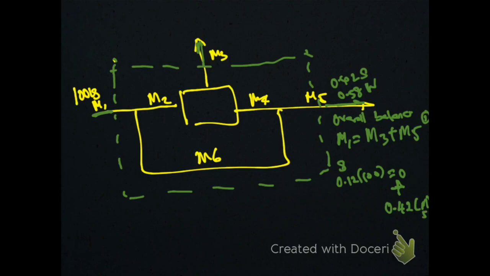That is one equation. For another equation, we look at the water, which is 0.88 multiplied with 100 equals M3. We do not know what M3 is, but we know that that stream contains entirely water. There is no solid of orange over there. Plus 0.58 M5.